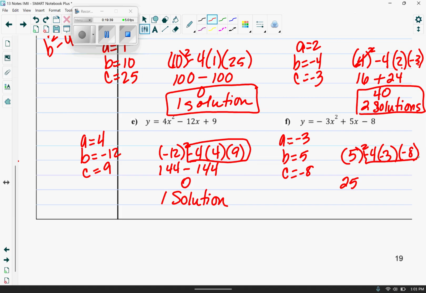Put all of this together, multiply, multiply, multiply. I get negative times a negative, positive 12. 12 times negative 8 is negative 96. So 25 minus 96 is negative 71, which is negative, which means there is no real solution.